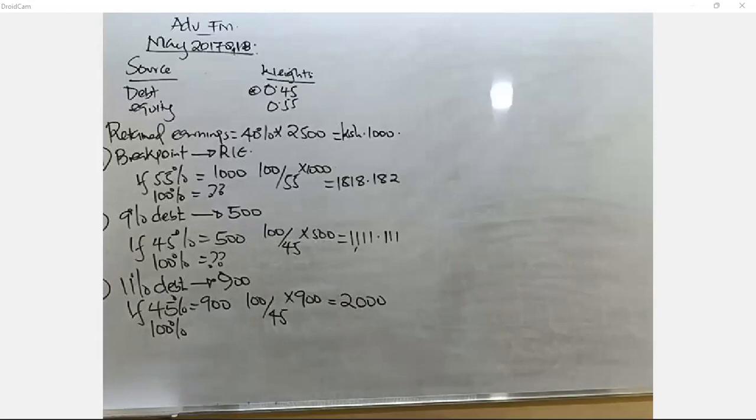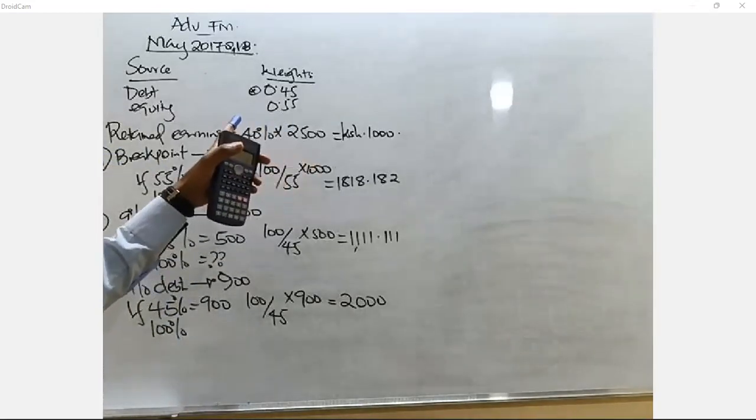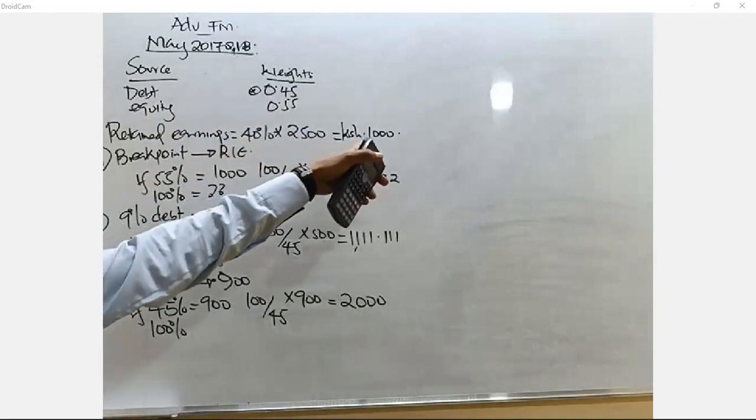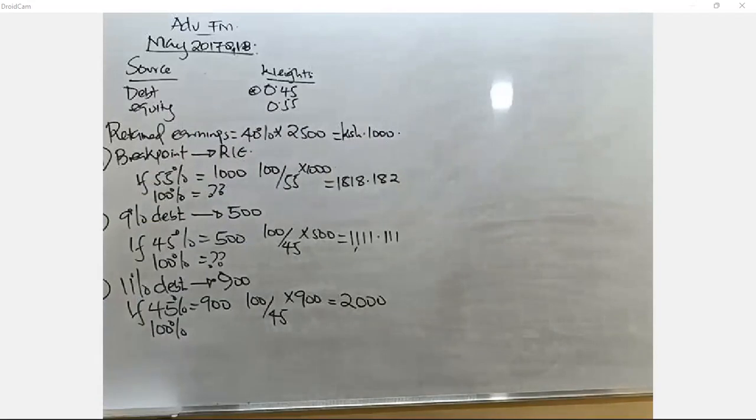Now, remember, when you are dealing with the WMCC, you are looking for additional funds. You are raising additional funds to finance your new projects. For example, the total retained earnings of ours, because we are giving out 60%, the 40% is what we are retaining, which is equivalent to 1 million. But because we want to finance new projects, which sources can we utilize to give us the maximum values?